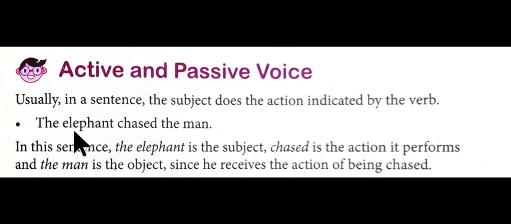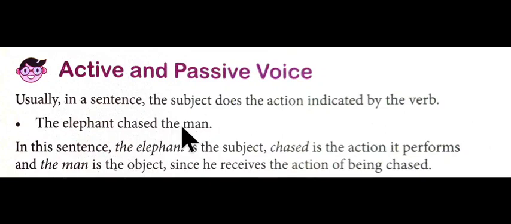For example, the elephant chased the man. Here the elephant is the subject, chased is the action that is performed, or the verb, and the man is the object. Why is the man here the object?